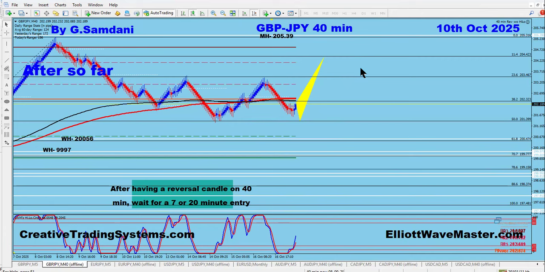And if I find the entry there, fine, thank you, I'll take it. If not, then I'll wait for the 20-minute entry. And if it is going to go to the upside, I will get my entry either on the 7-minute chart or the 20-minute chart, one way or the other. Right? So this is my strategy, and use whatever strategy you're using.